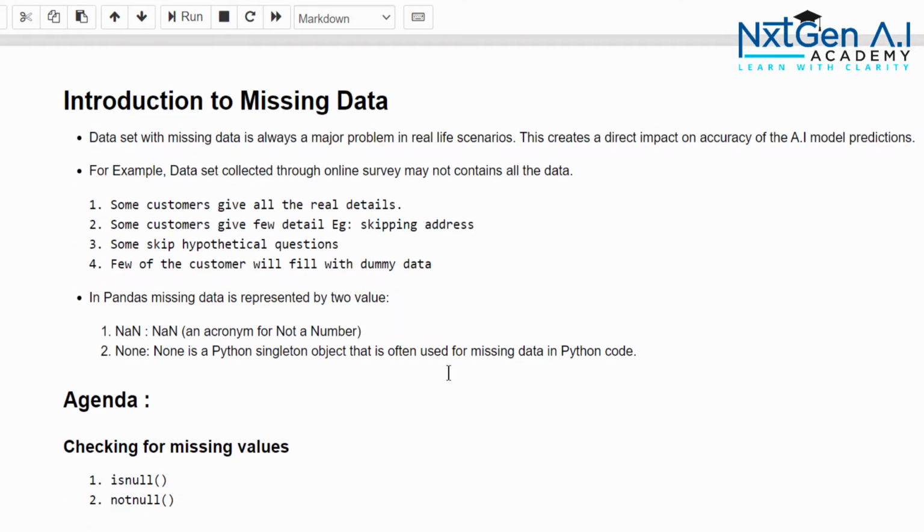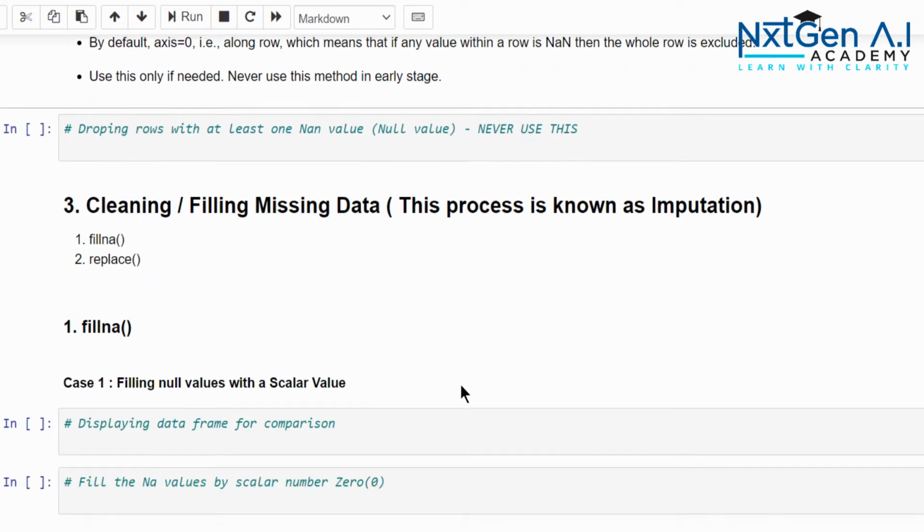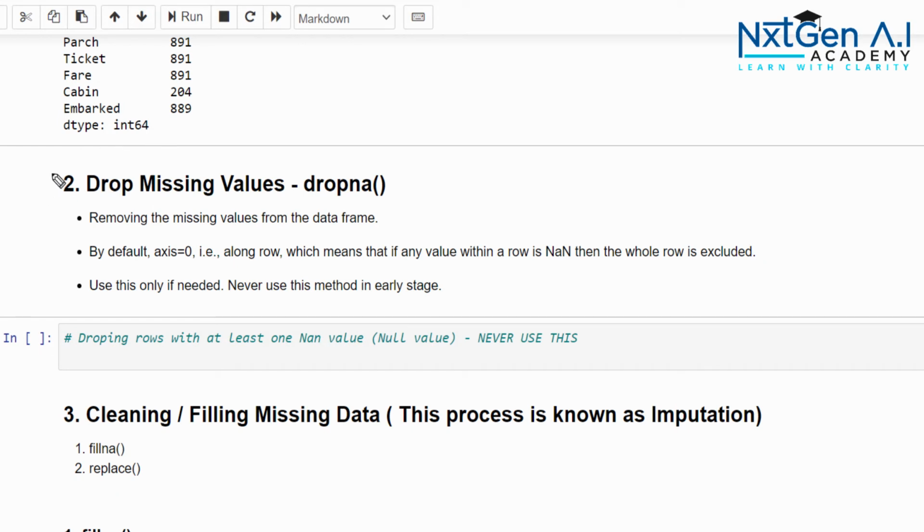So the first one, we know how to check the missing values. Now the second step, we have to drop the missing values. What does that mean? This particular step is very important. If you wrongly implement this code, your data set will be collapsed.